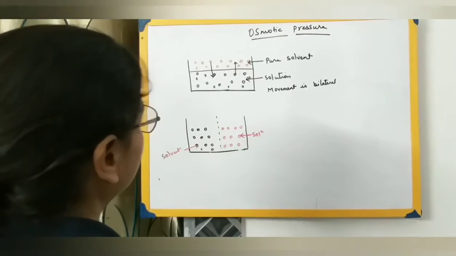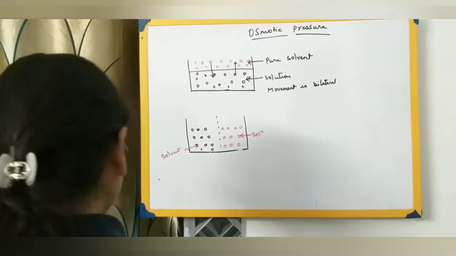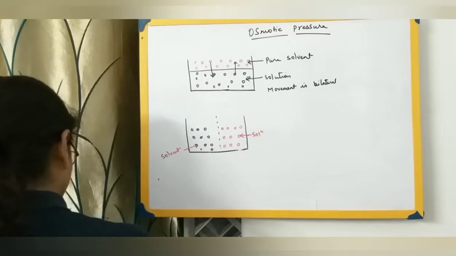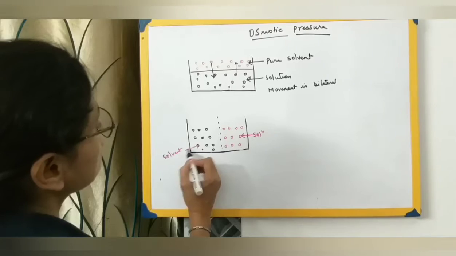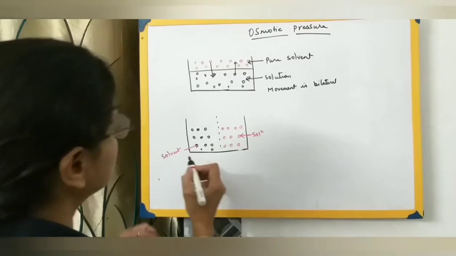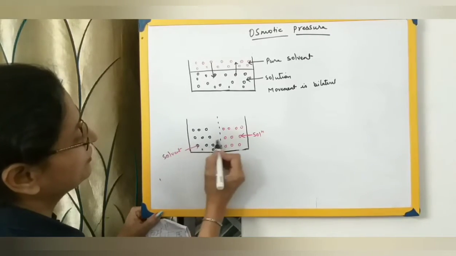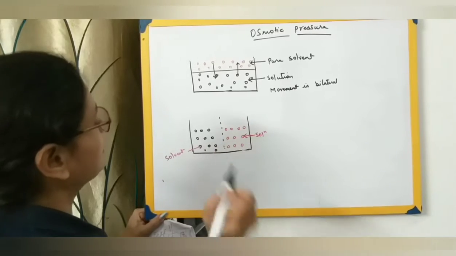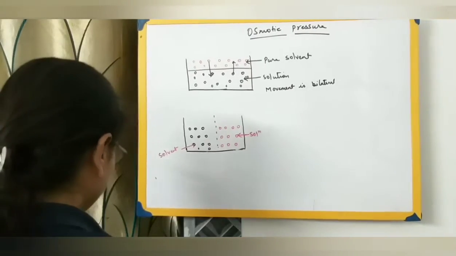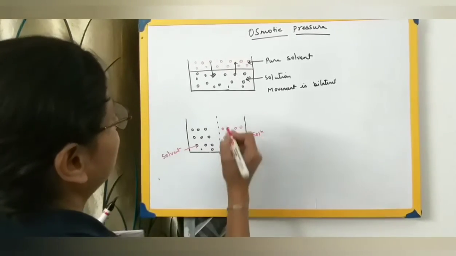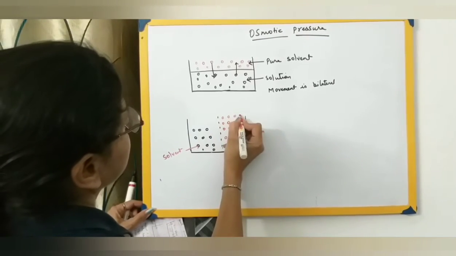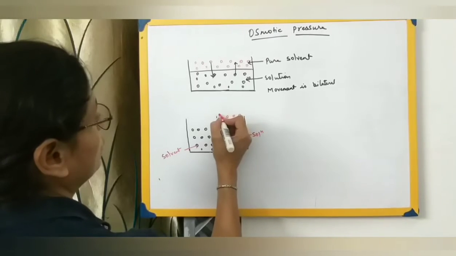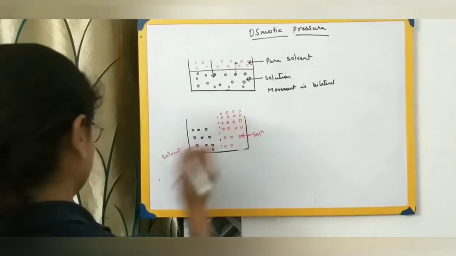So here it has been separated by a semi-permeable membrane, and what will happen after some time? The particles from the solvent side, I made a mistake, the particles from the solvent will start coming up on this side. So we'll find that after some time the level of the solution rises in this container.